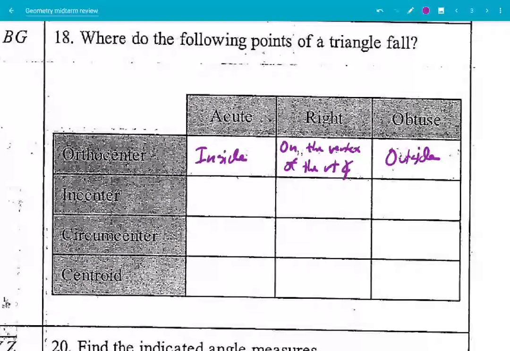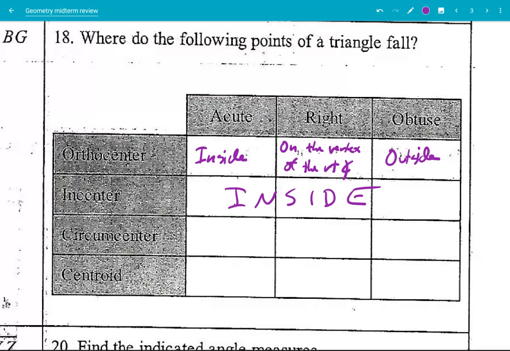Okay, the incenter, well, these are always inside, because it's equidistant from the sides of the triangle. Whatever triangle you draw, it's going to be on the inside. The incenter is the center of the inscribed circle. Circumcenter, not always inside.